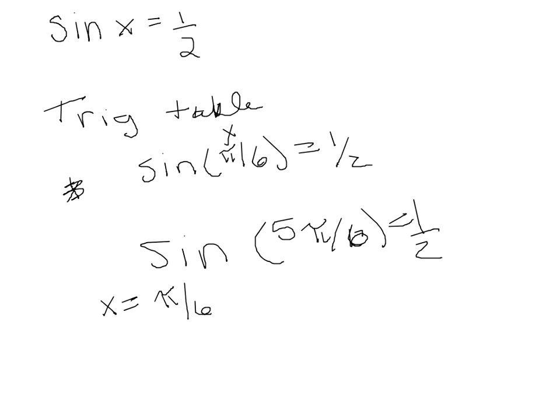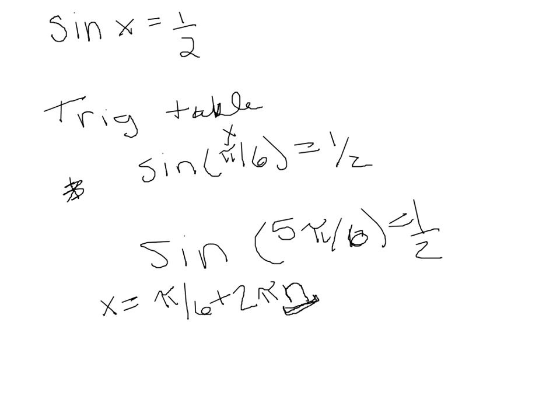But because sine is periodic, we also hit that same 1/2 every 2 pi. Remember when we did the vertical asymptotes, we found the vertical asymptotes, and then we said that happened every period. So that's what that means. This happens every, n is an integer.